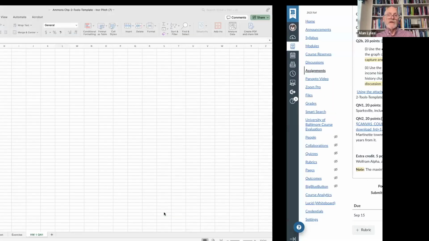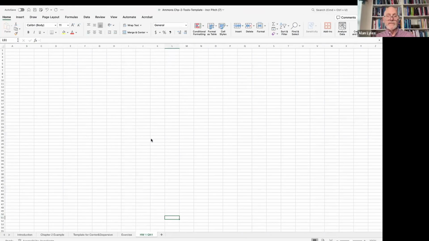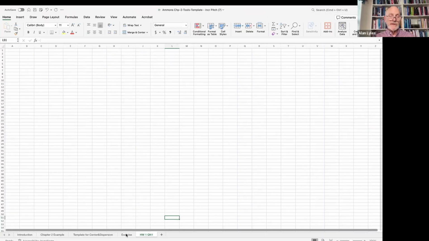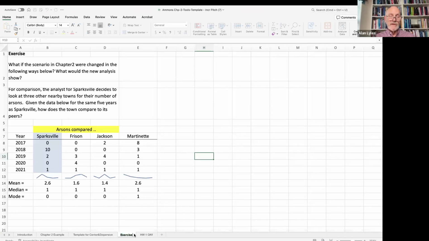And then if we go back to the homework, there's some more with this exercise sheet. So if you're going to do the comparisons, here's the exercise sheet. So I could say rename. I could have left it as exercise and then call it homework 1, QN2.